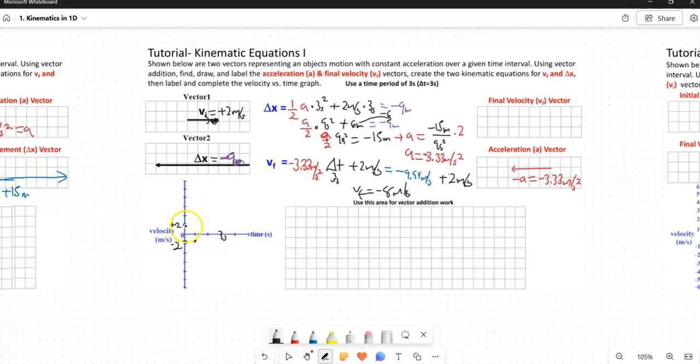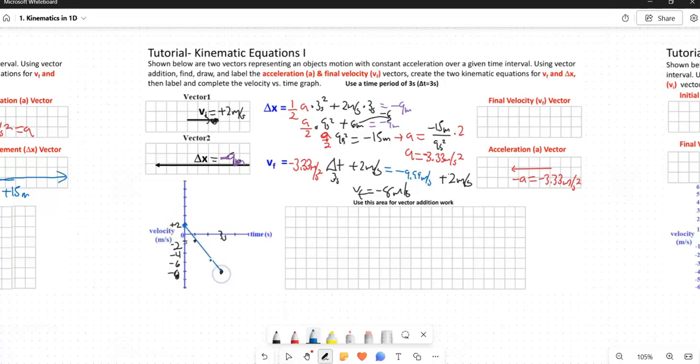Okay, so if we started here at positive, so this +2, this is -2, this is -4, this is -6, and this is -8. So we're going to start here at +2. We're going to end here at -8. So right there.